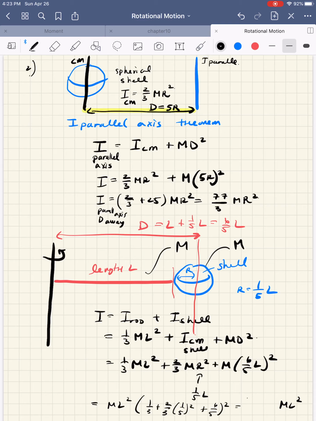So I'll have here, this will become 25/75 plus 2/75 plus 6/5 squared, plus 36 times 3, plus 108, 75ths. Gosh, I hope I'm doing this right.